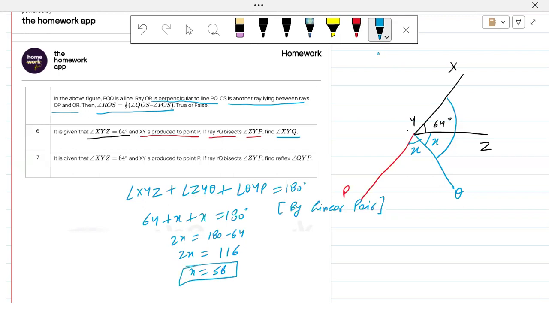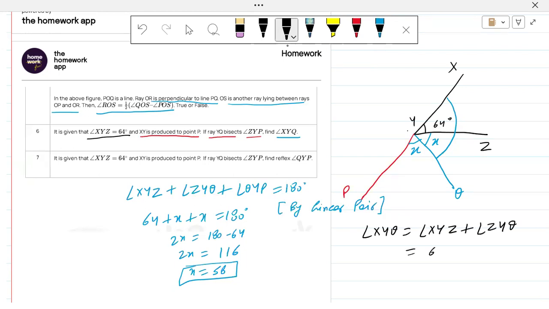Now what is asked in the question? You have to find the value of angle XYQ. Angle XYQ is equal to angle XYZ plus angle ZYQ. What is angle XYZ here?